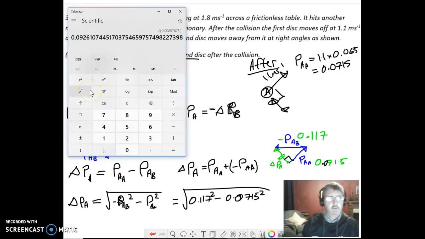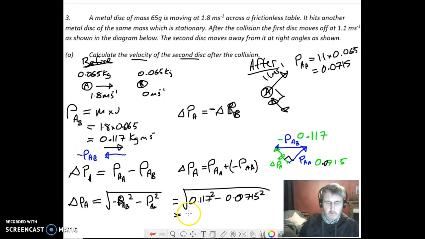And the answer here is 0.0926 kilograms meters per second. That's the answer for this.